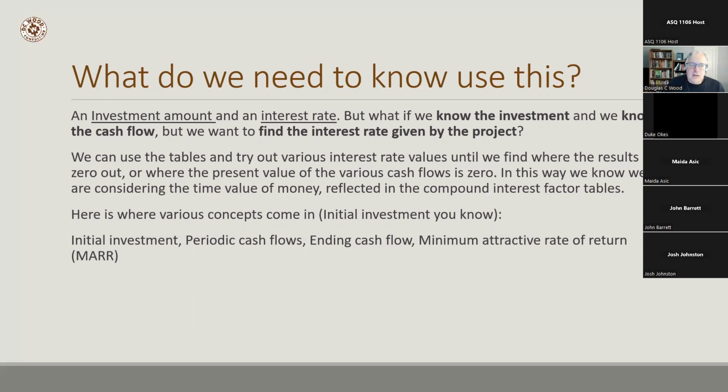Okay, so we can use the tables and we can try out various interest rate values one page after the other until we find where the results come out to zero, or in other words, where the present value of the various cash flows comes out to be zero. In this way, we know we're considering the time value of money. That's what we're doing here.